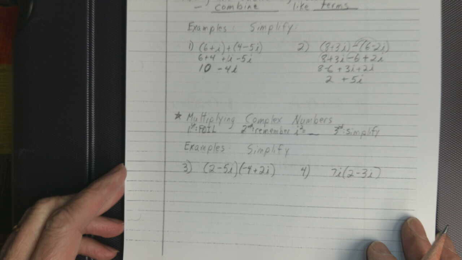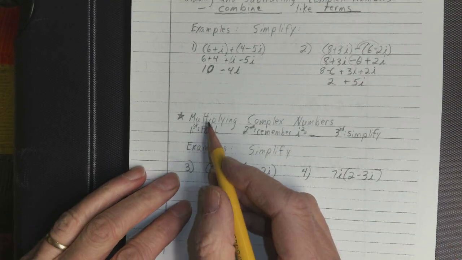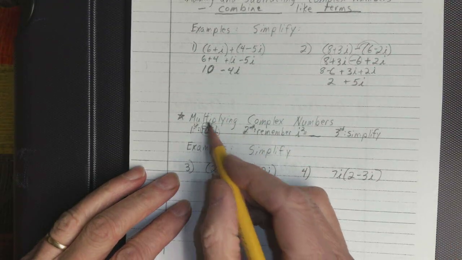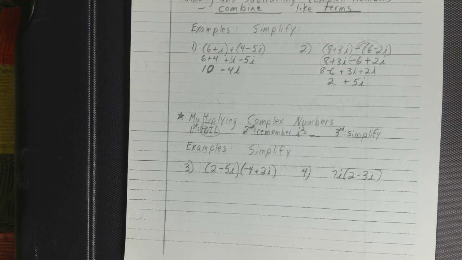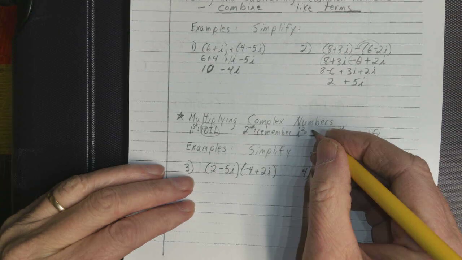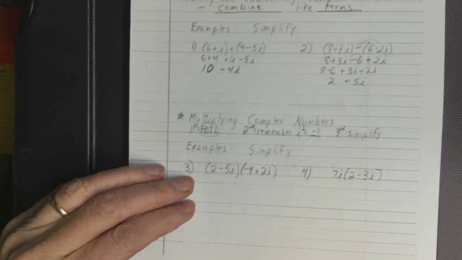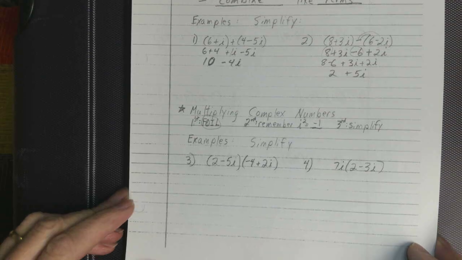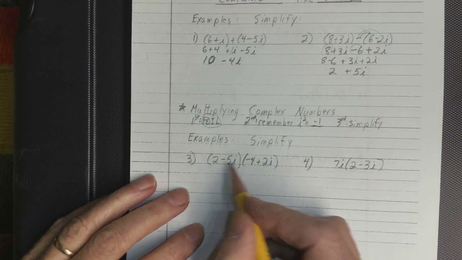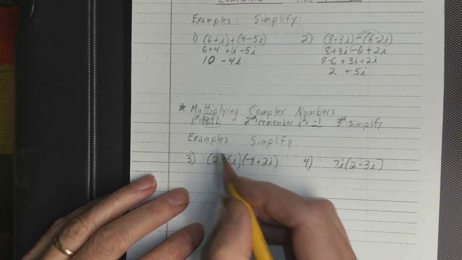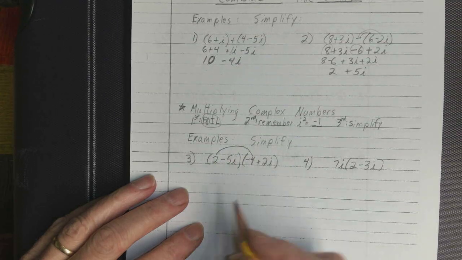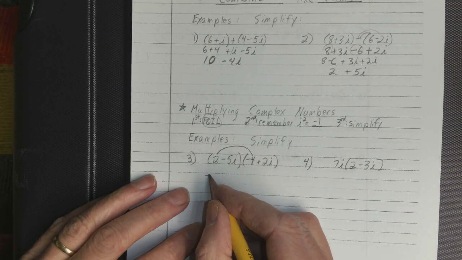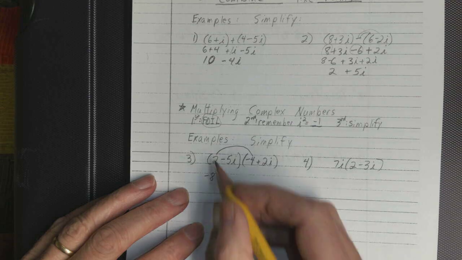Now, multiplying complex numbers. It's in a plus bi form, so we're going to use the FOIL technique. We are going to remember that i squared is equal to negative 1, and then we will simplify after we do that. So 2 minus 5i times negative 4 plus 2i. I'm going to go first. 2 times negative 4, that's negative 8.